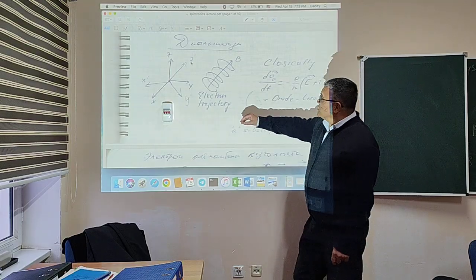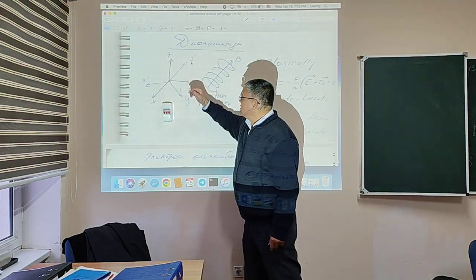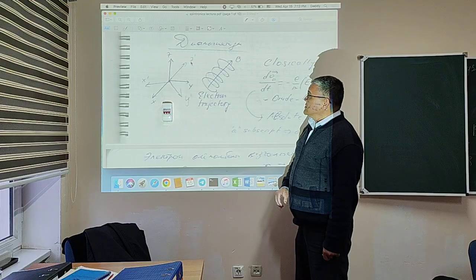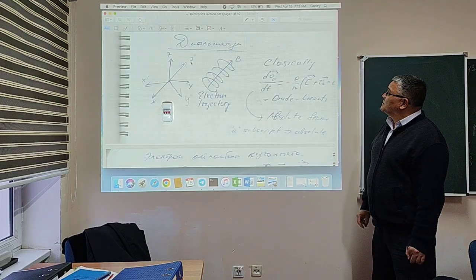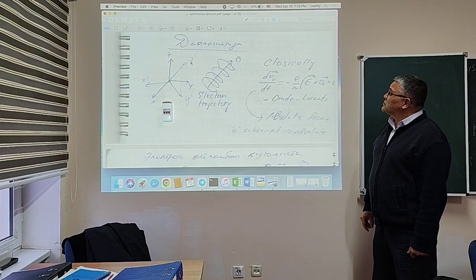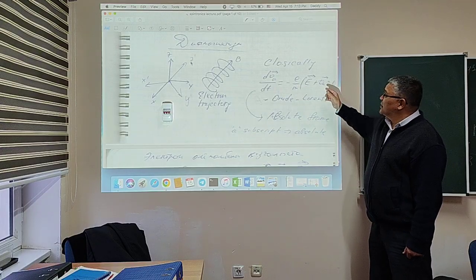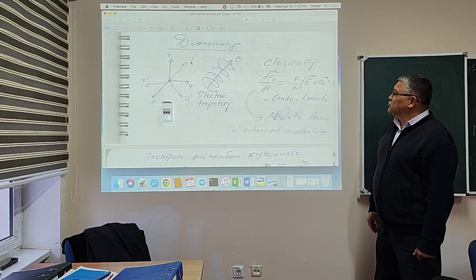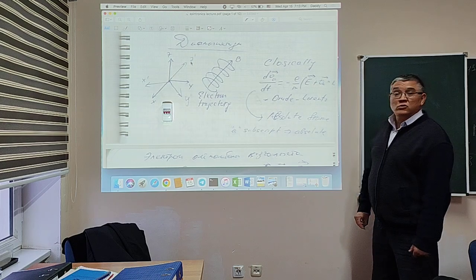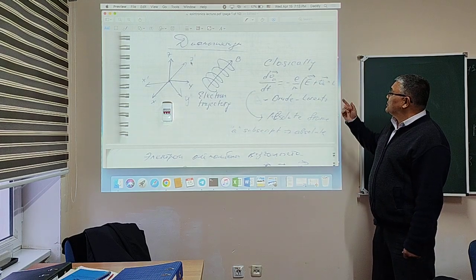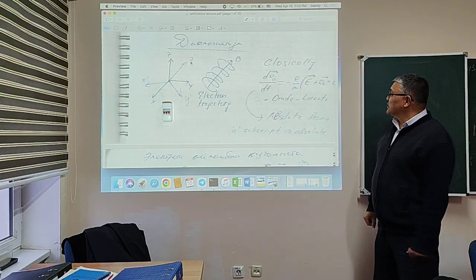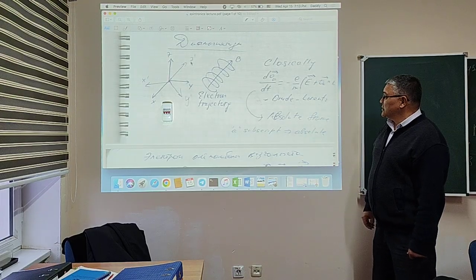Here the absolute frame consists of X, Y, Z, and in this frame, Newton's second law applied to this case looks like this formula here. This is the standard Drude-Lorentz model, and according to it, the magnetic field acts on the electron and creates the Lorentz force, and also this electric force here.